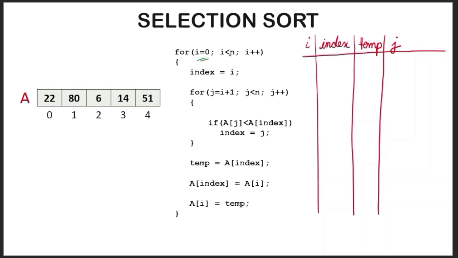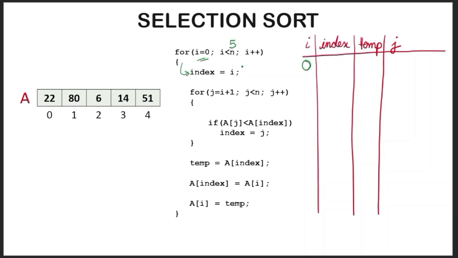We say i is equal to 0. i is less than n, where n is the number of elements in the array A. Here the value of n is 5. So 0 is less than 5, yes, true. So we will enter the for loop.